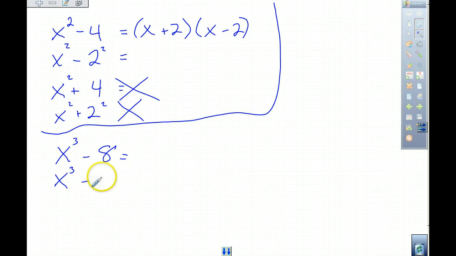This is x cubed minus what? 2 cubed. And you do want to write it in this form. I know up here we got used to just not really writing this step right here. We can say, oh, x squared minus 4, x plus 2, x minus 2. On these, you really do want to write it. Okay, now here's the thing. It's a little bit longer. It factors to a binomial times a trinomial.